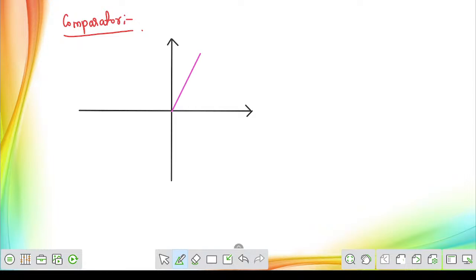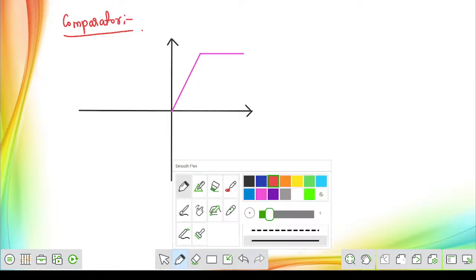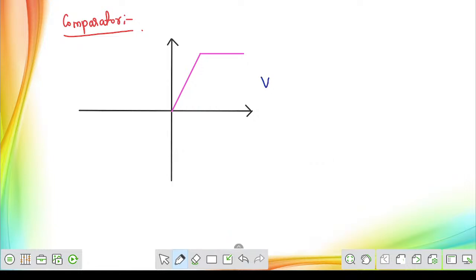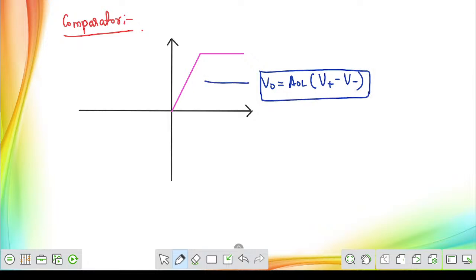After that, it gets saturated. The output can be written as open loop gain times the difference between the non-inverting and inverting terminals. This relation is valid if and only if your operational amplifier is operated in the linear region.